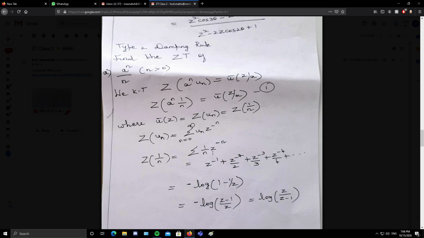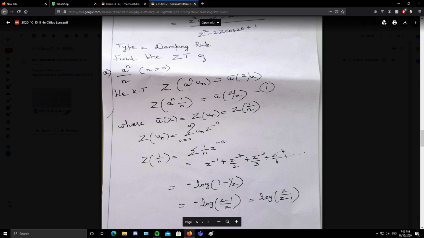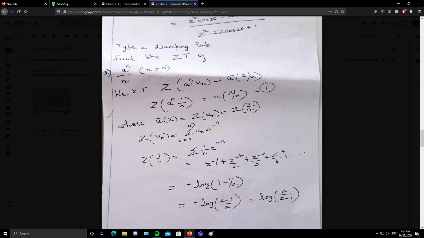So z inverse plus z power minus 2 by 2 plus z power minus 3 by 3 plus z power minus 4 by 4 plus etc. So if you have this series x plus x square by 2 plus x cube by 3 plus etc., it is same as minus log of 1 minus x. So you learn this step by heart.